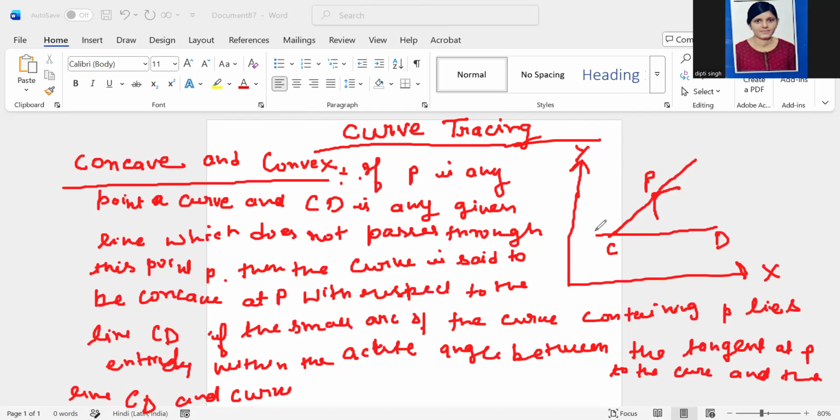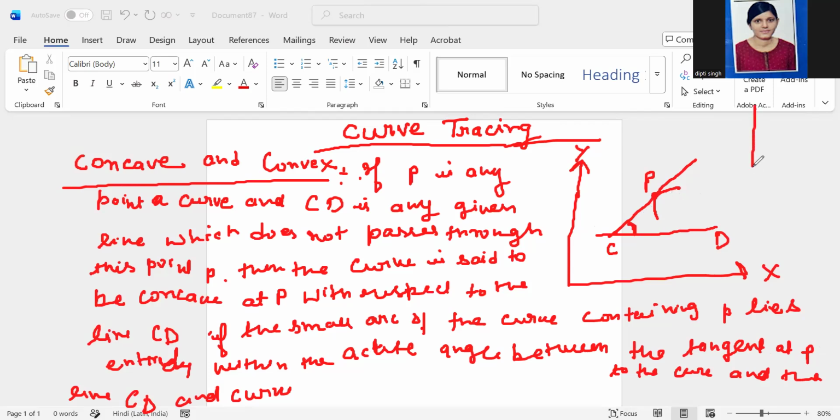This is the tangent and this is the CD. So if it lies within the acute angle, then this curve is known as concave. And the curve is said to be convex at P if the arc of the curve containing P lies wholly outside the acute angle.